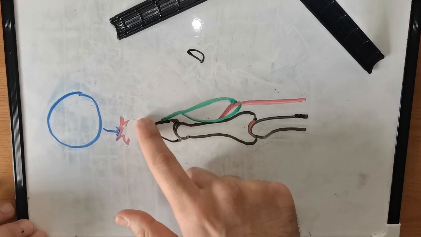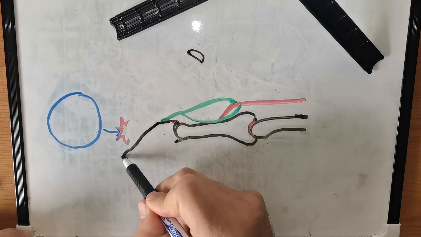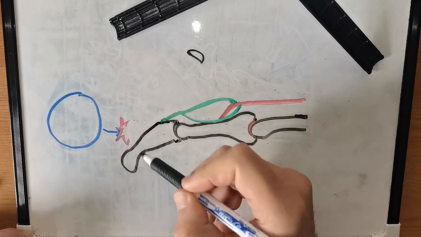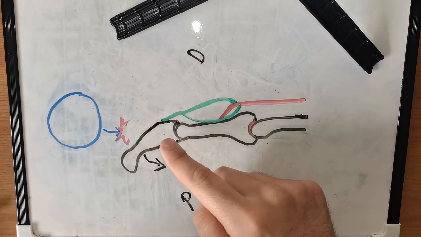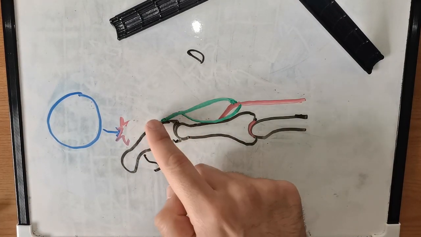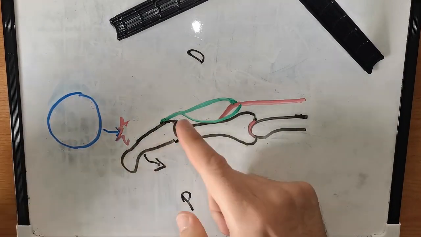So this distal phalanx is going to forcibly flex. What do you imagine would happen in this case to our terminal tendon here?